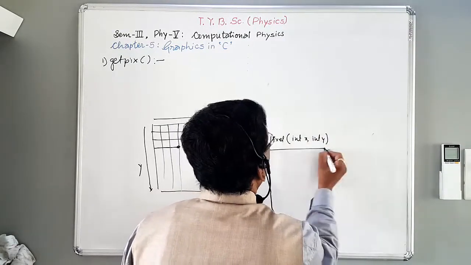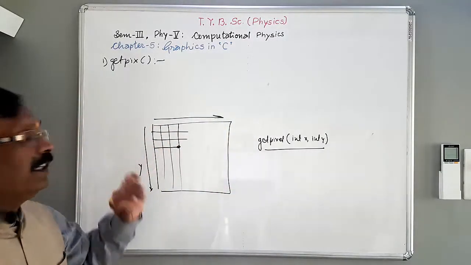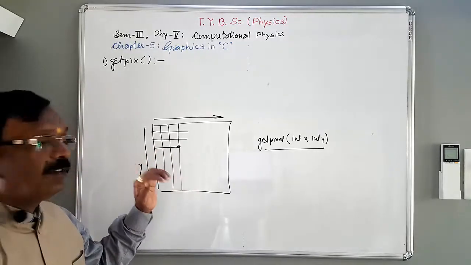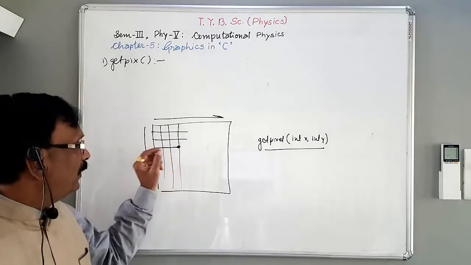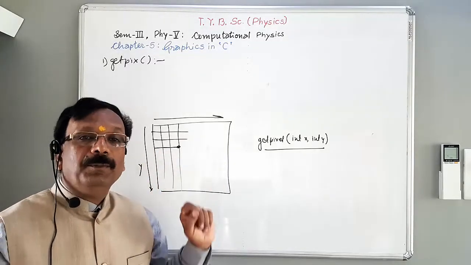By using this syntax of getpixel, we can provide the x and y coordinates so that we can draw a pixel on a computer screen.